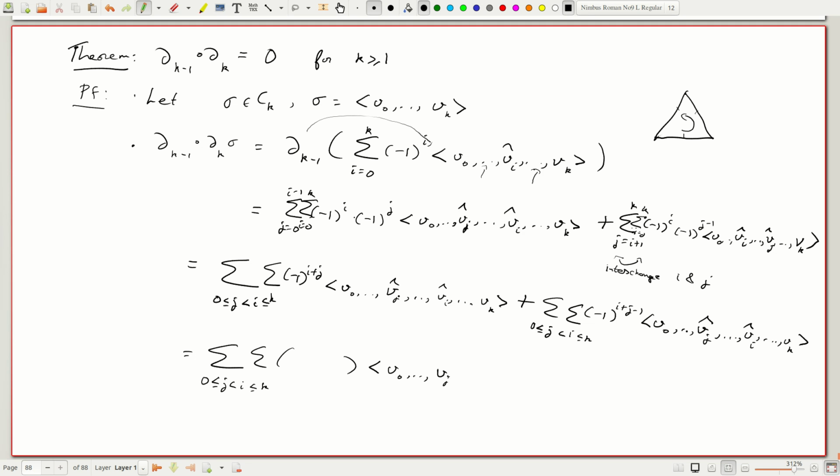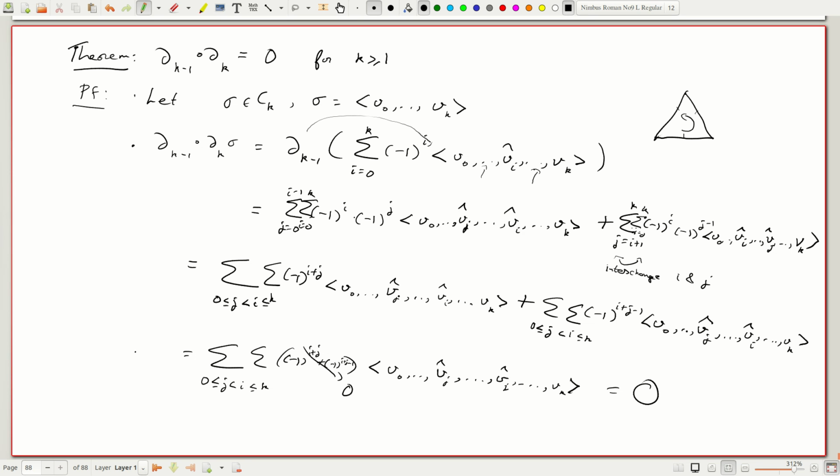We have dropped vj hat and we have dropped vi hat. And as you probably have spotted by now, the first one is (-1)^(i+j), and the second one is (-1)^(i+j-1), and this is of course 0, so we get a 0.